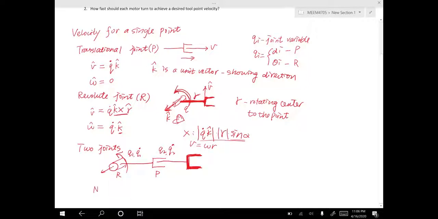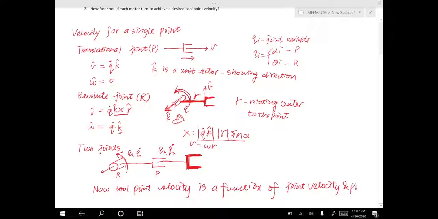So now if we consider this case, the tool-point velocity, which means the velocity of this end effector, is a function of joint variables, say joint velocity and positions.